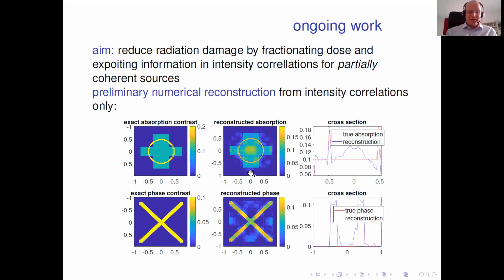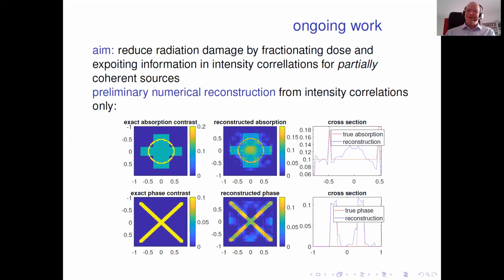Here we have some preliminary numerical reconstructions where we show that there is really a lot of information in only the correlations of the intensity. If you have perfectly coherent waves and there are no correlations at all, then you obviously also have no information in the correlations. But if you have a partially coherent incident wave, then the correlations of intensities contain enough data to actually reconstruct this object quite accurately.